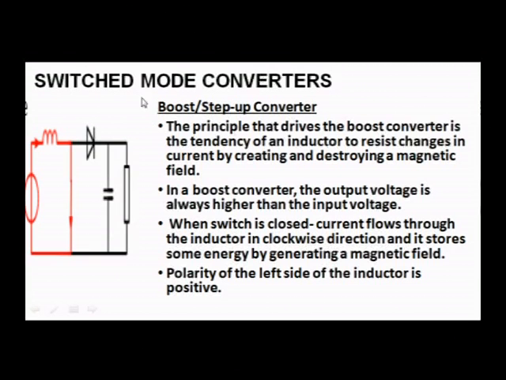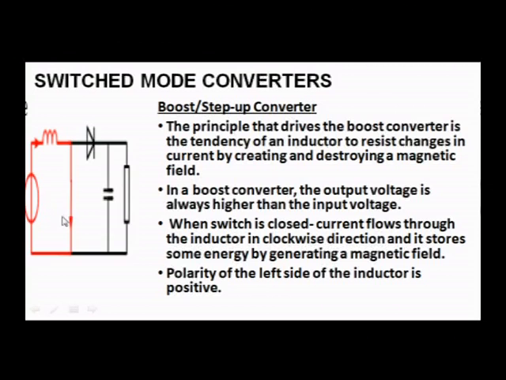Now, what happens when I switch on, when I close the switch? Please see over here, at that instant of time only this circuit is working. The principle that drives the boost converter is the tendency of an inductor to resist changes in the current by creating and destroying a magnetic field.